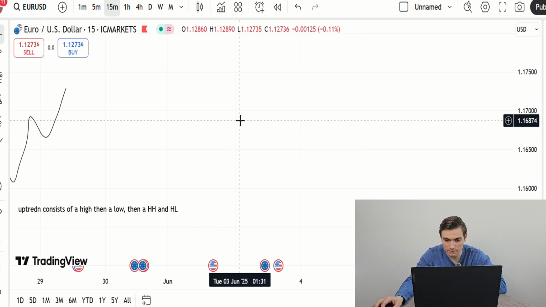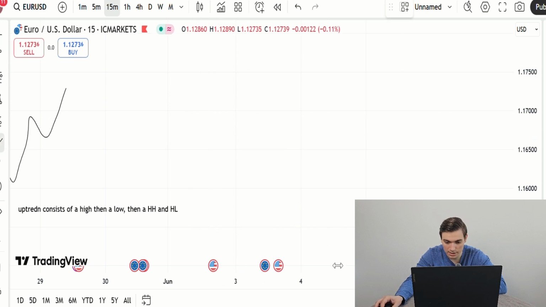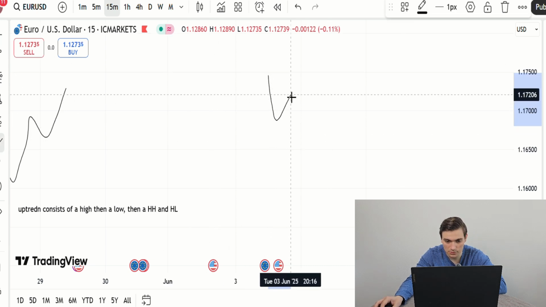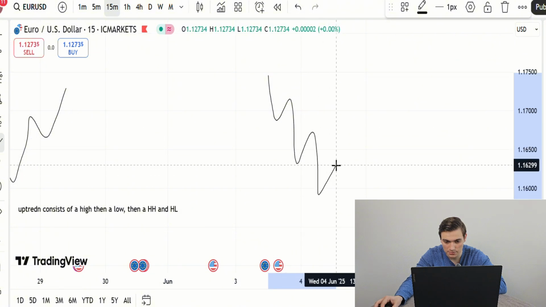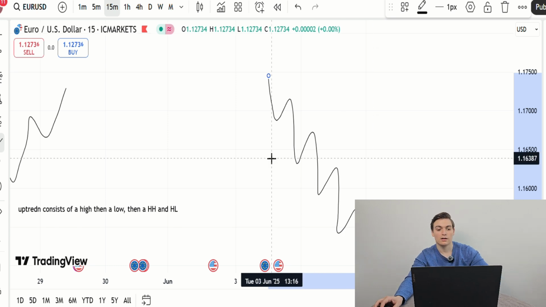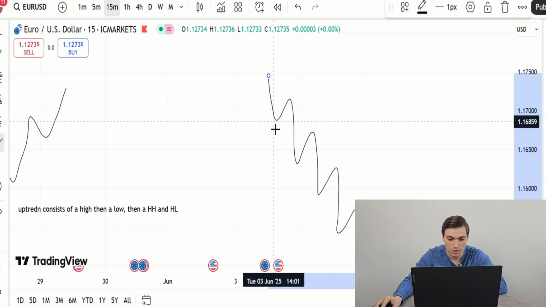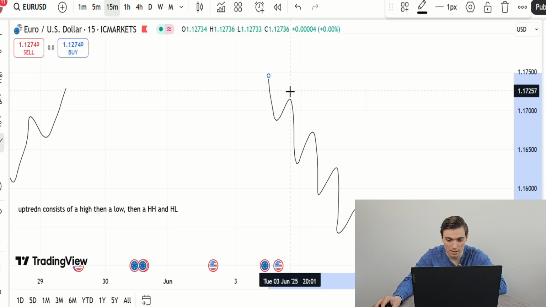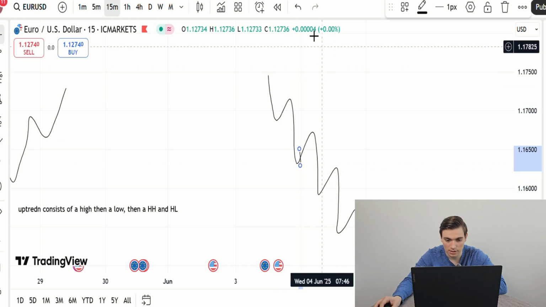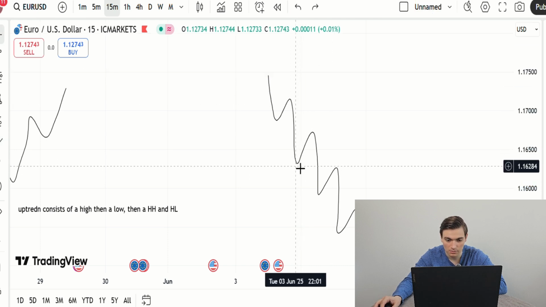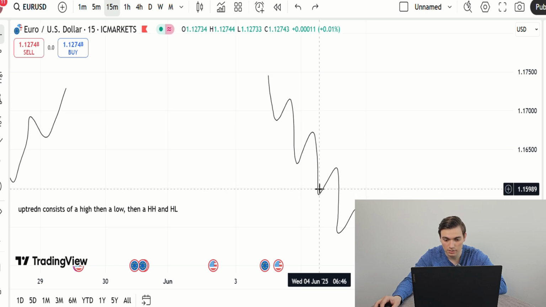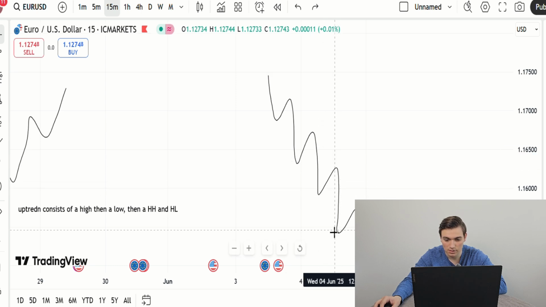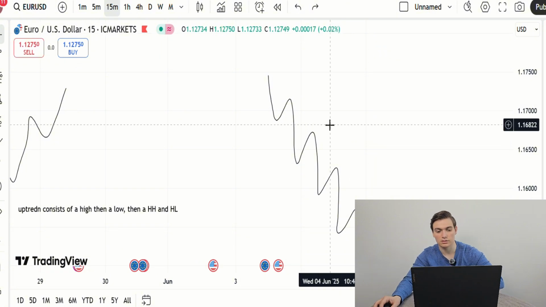On the other hand, a downtrend: impulse, pullback, impulse, pullback, impulse, pullback. A downtrend is when the market forms a low, then a high, a lower low, lower high, lower low, lower high, lower low, lower high, like that.